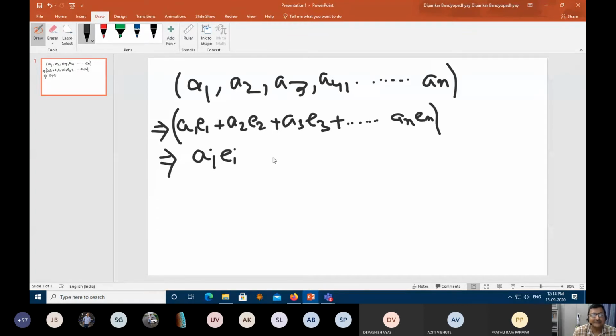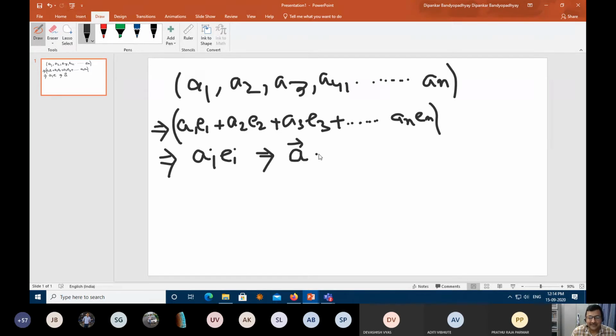Great. Now when I have ai ei, this is essentially what we were talking about initially when we started considering a vector. Now the definition of vector becomes like this. Earlier you had 1 dimension, 2 dimensions, 3 dimensions, but ai ei gives you the n-dimensional space.